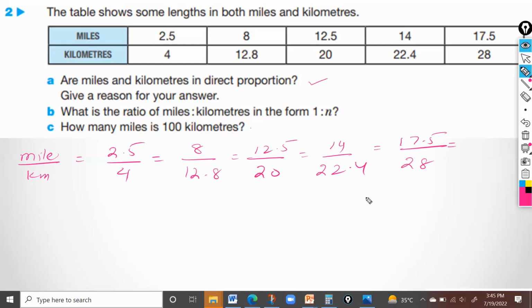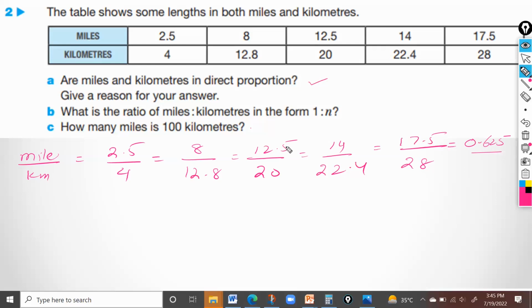So 2.5 divided by 4, we get 0.625. If you divide 8 by 12.8, check with the calculator, you will also get 0.625. Similarly, for all the ratios we get the answer 0.625.